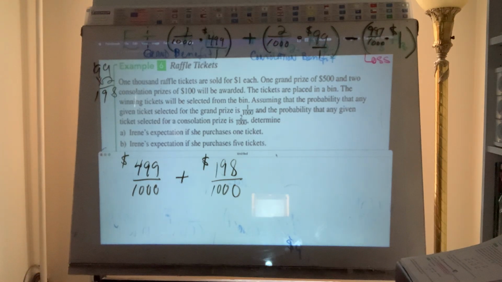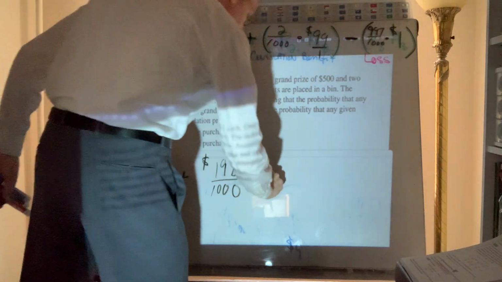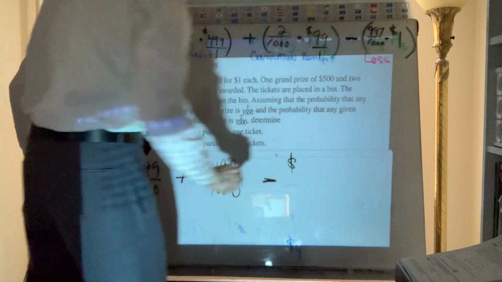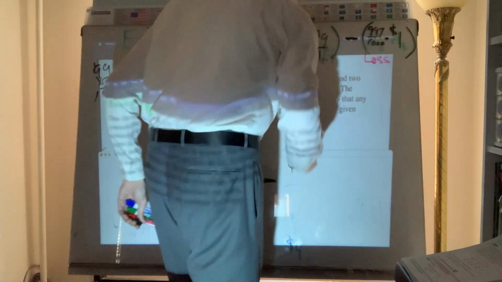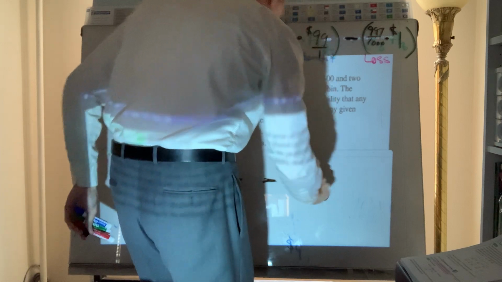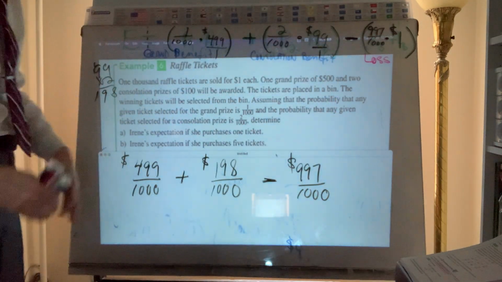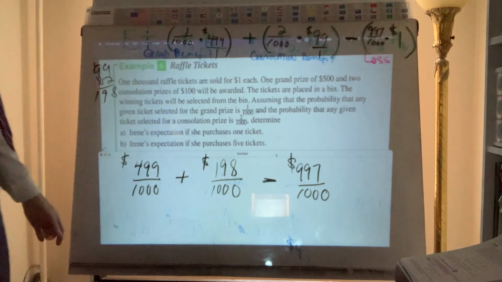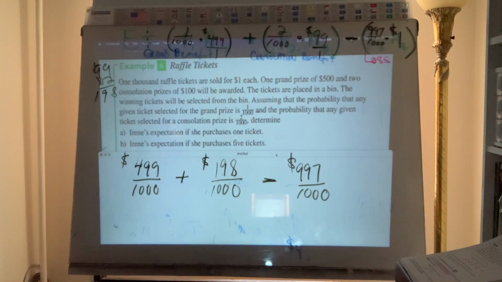And then this loss, so minus 997 out of 1,000. All right, remember, we add these first, and then we'll subtract from that one time. All right, so if you like, make them decimals.